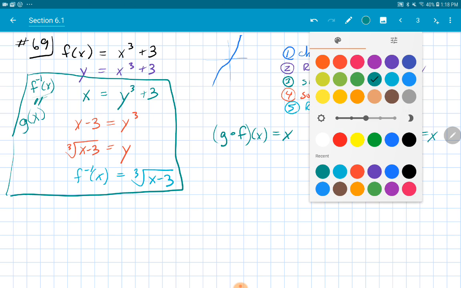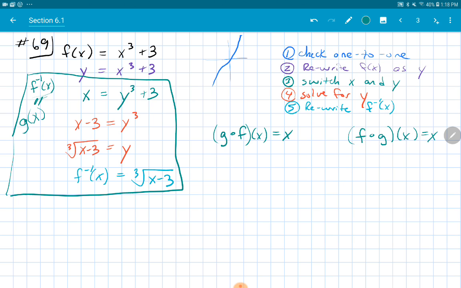So starting with the g of f, so g of f of x equals, so g is this guy. So we have the cubed root of, instead of x, I'm going to write the f of x.